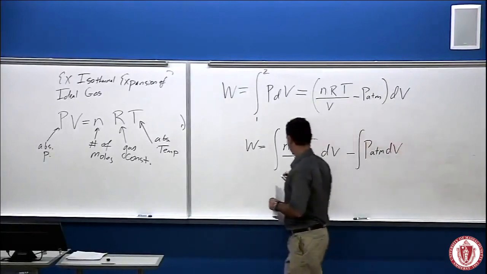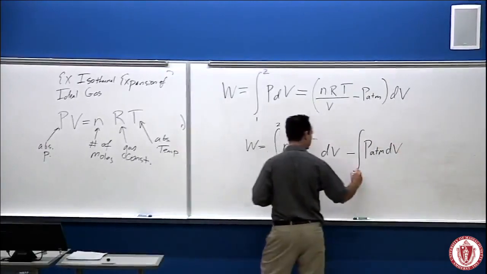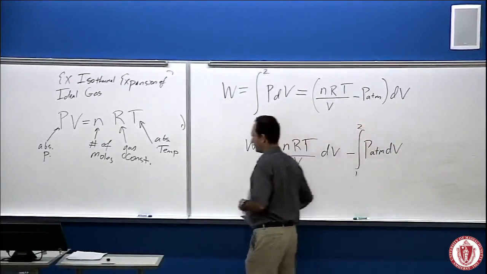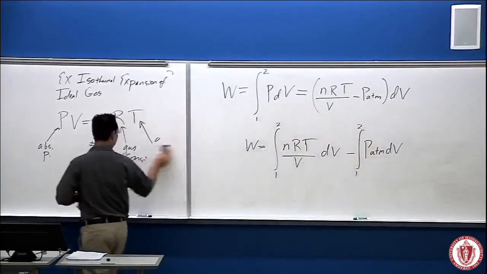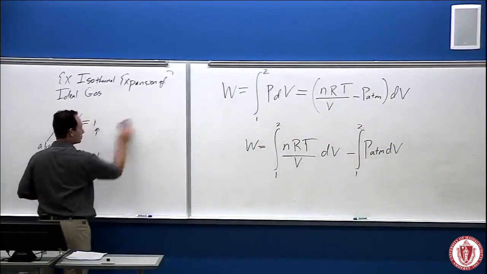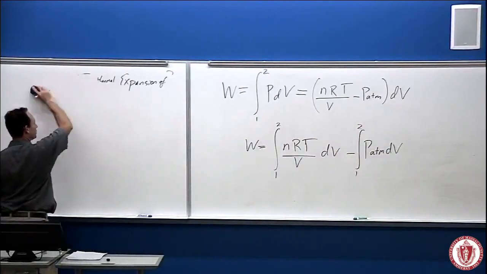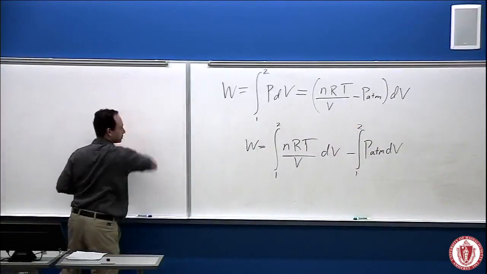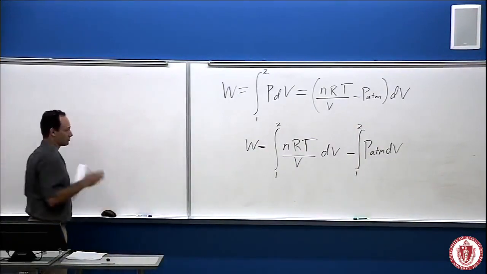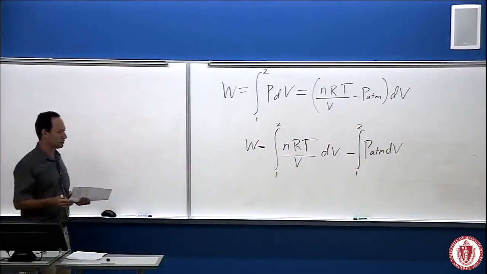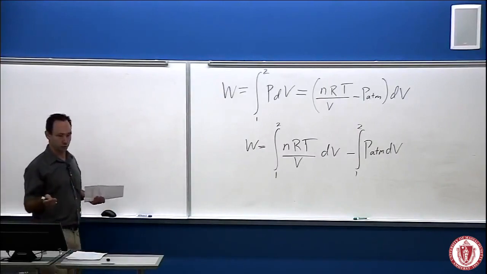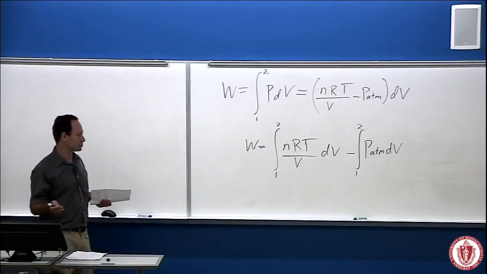Right? You can do that with an integral. No big deal. And I'll just write the final answer over here. The n is a constant because our number of moles isn't changing. We're not generating gas. R is a constant. It's the universal gas constant. We assumed isothermal. Here, we're going to assume constant temperature, so that's a constant.